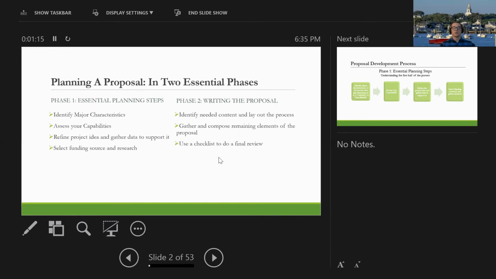And then we'll transition into phase 2, writing the proposal, identifying the needed content, gathering and composing remaining elements of the proposal, and that checklist that really helps us make sure we did our due diligence.